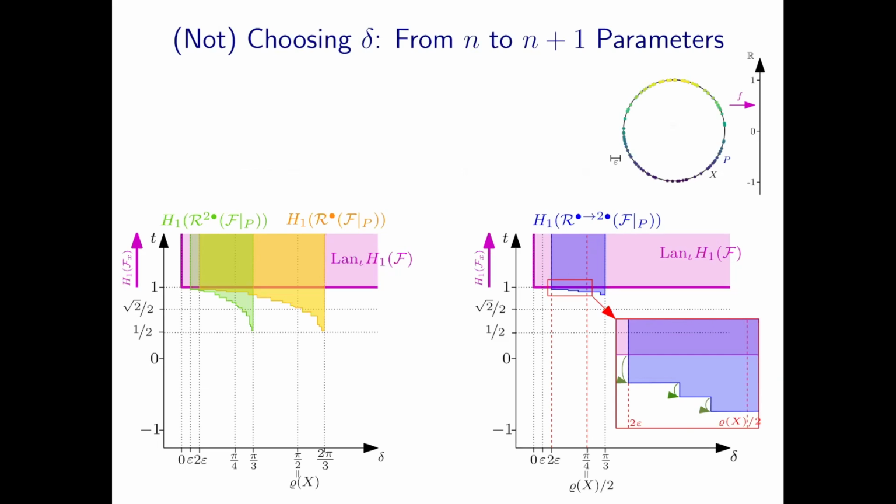Let me take, again, a very simple example. I take points uniformly sampled along a circle in the plane, and my function is just a height function with respect to the ordinates. It's shown on the top right. Now what you can see on the bottom left is, first of all, in magenta, on the left-hand side, this bar that you see outside of the plot is the barcode of the ground truth in H1.